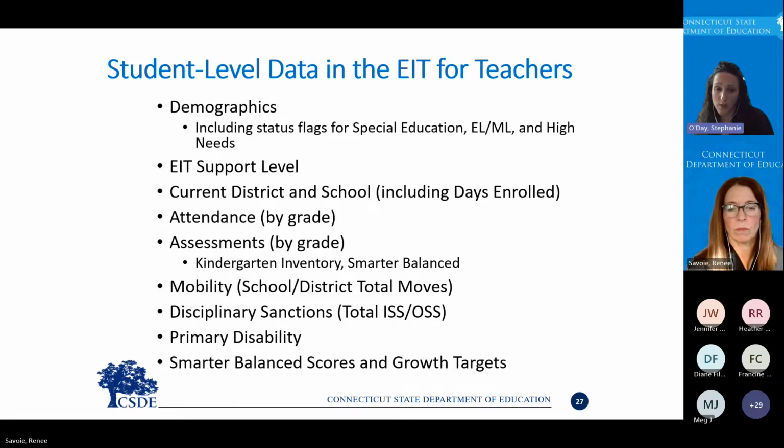So you're seeing your newest students at the top of that table. We also have that information here. You'll have the attendance and the assessments, mobility and discipline metrics, primary disability, and we recently did change the layout of this file. Back when we first launched this report, we had some different variables, but now we've changed that, and we have the Smarter Balanced scores and the growth targets in this table for you as well.